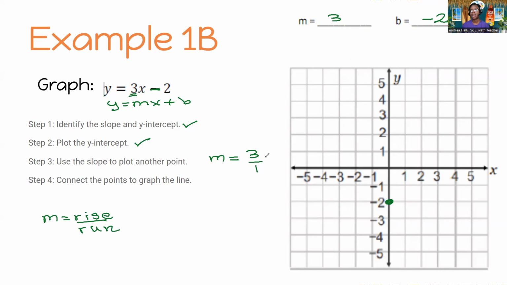So that means my rise is going to be 3. My run is going to be 1. So I'm going to go up 3, 1, 2, 3. Then I'm going to go to my right 1, and I'm going to plot that. So I used my slope to plot the other point. And then my last step is to connect the dots.